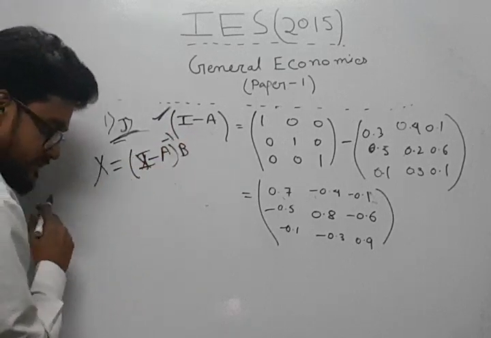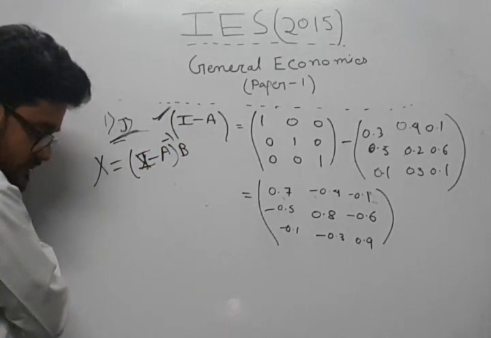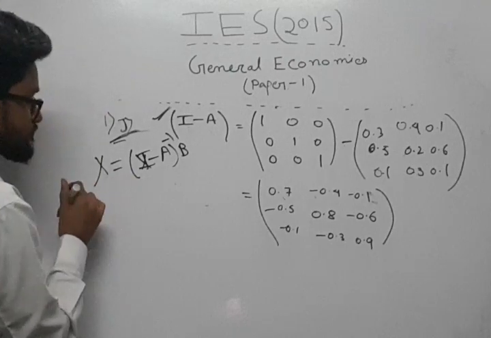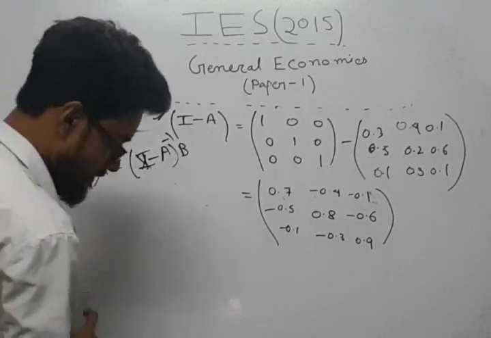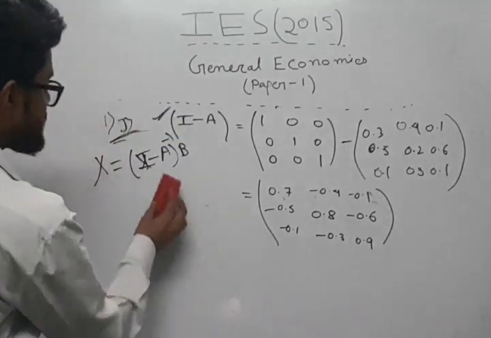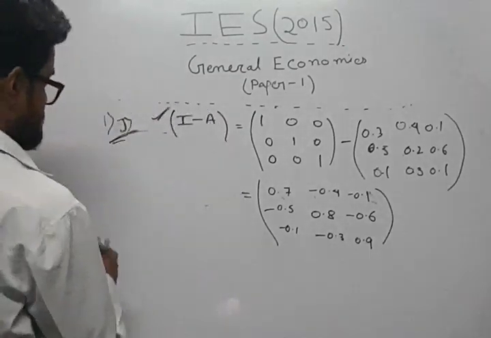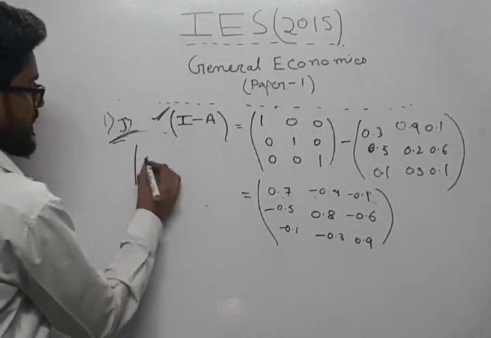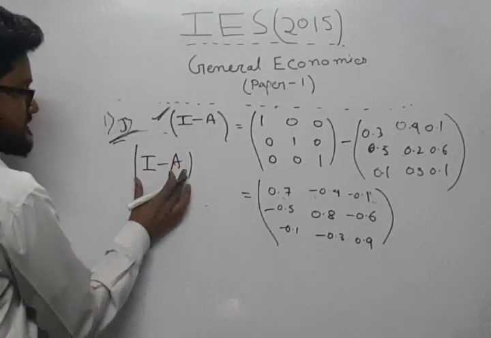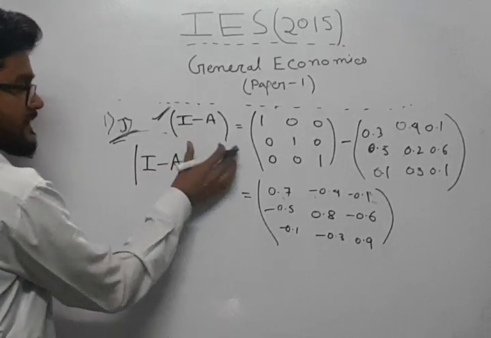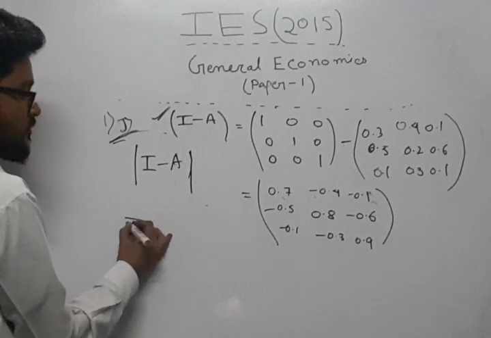Now in order to find this, we first have to find the determinant of I minus A. This is in matrix form, and this is the determinant. What will be the answer?